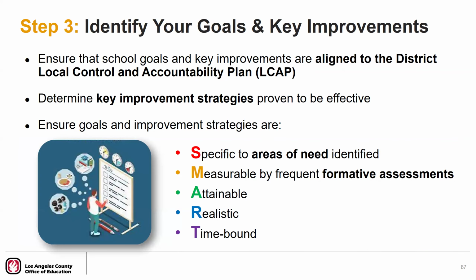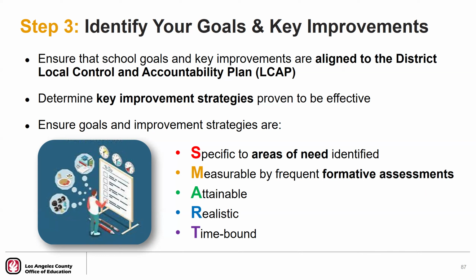Step 3, identify your goals and key improvements. The LEA's LCAP identifies goals from all applicable state priorities and articulates the LEA's expectations, metrics, and actions. School-level strategies must be aligned with the LEA's LCAP actions, and this helps to ensure that both the LEA and the school sites are working in tandem.